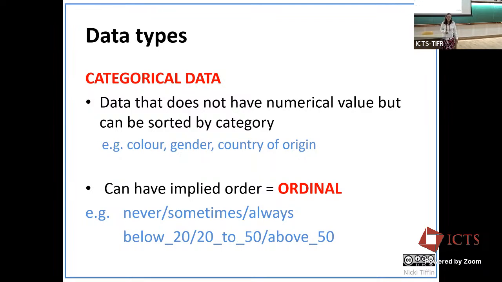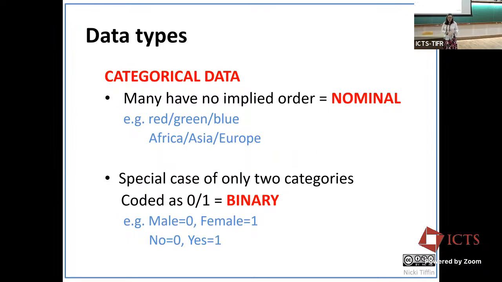So those are ordinal categorical data. And nominal is when there's no implied order. I hope I got this the right way around. And then obviously the special case where there are only two categories, 0 or 1, binary data. So again, don't always assume it's binary just because you saw majority zeros and ones. You don't know what else is hidden in that column of numbers.